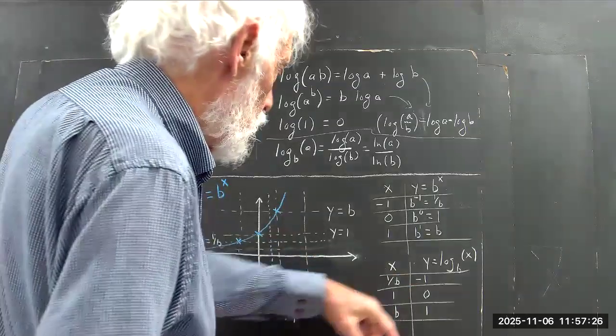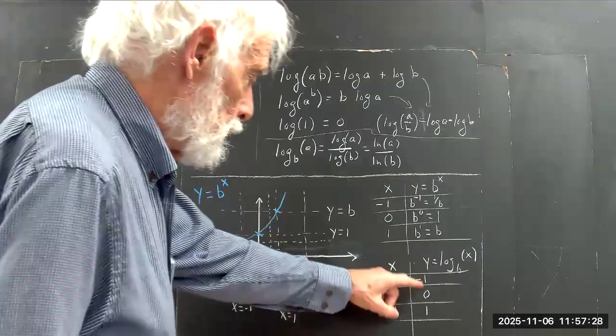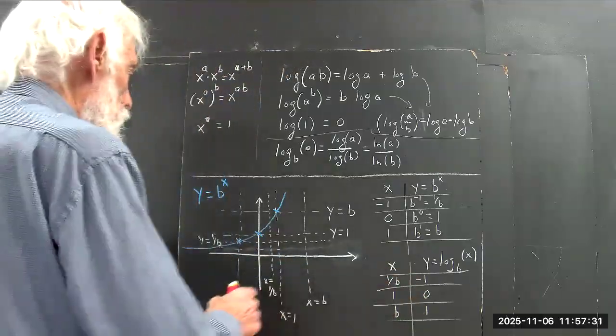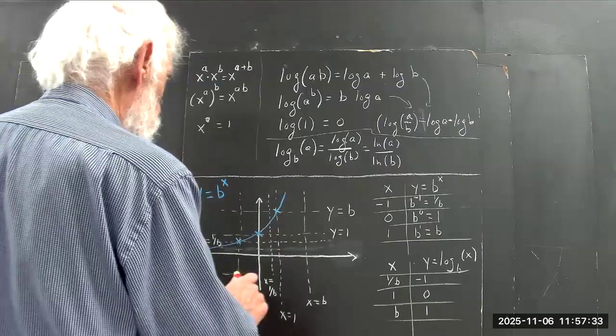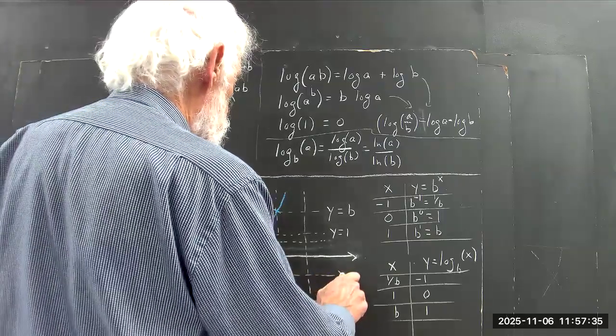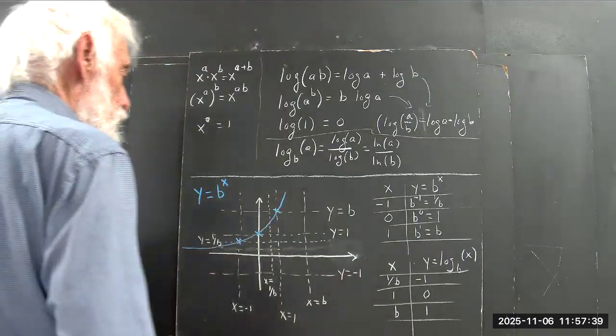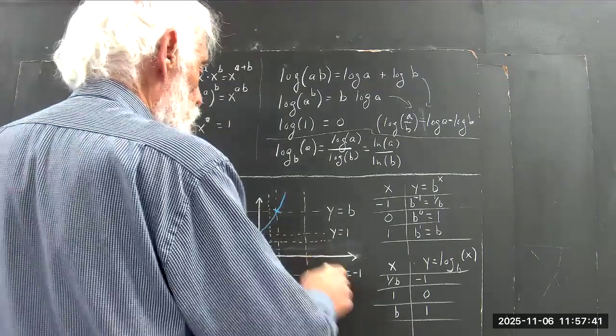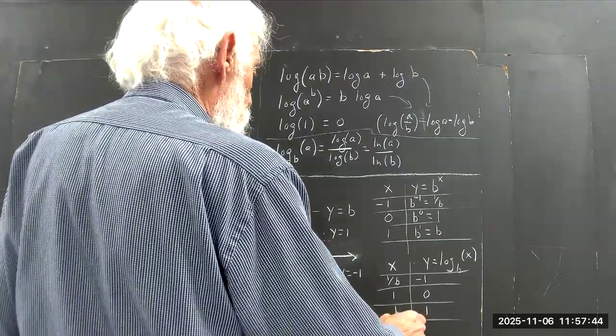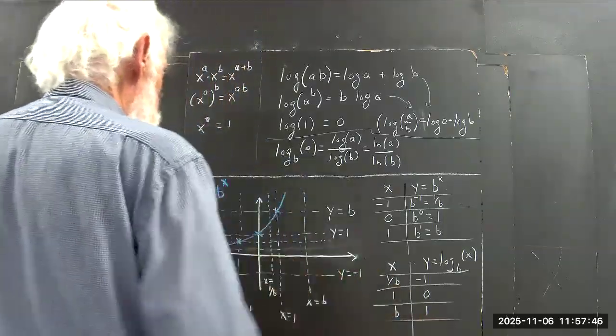Also, for my y values, I'm going to need -1, 0, and 1. So y equals 1 here, y equals -1 here, we have the line for y equals 0, and then we have the line for y equals 1.